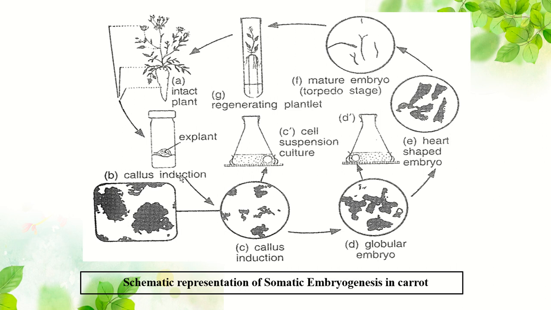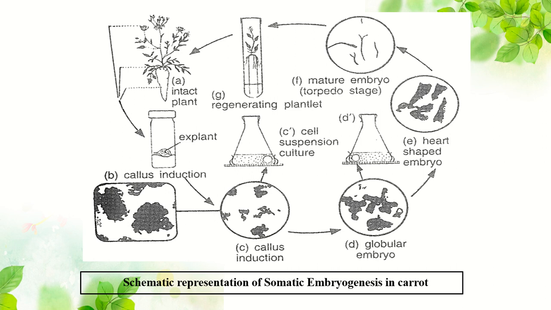After sterilization, cut it and put it into 3-4 parts in the same petri plate, then keep it for a certain period of time. It may be 6, 4, 7, or 8 days, depending upon your plant tissue. That will give you callus formation.